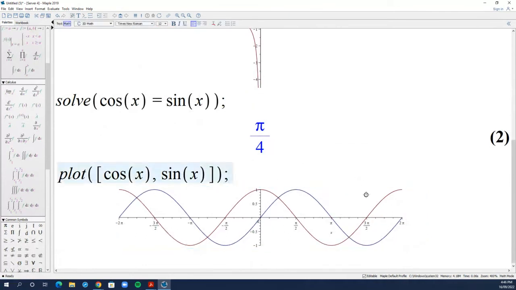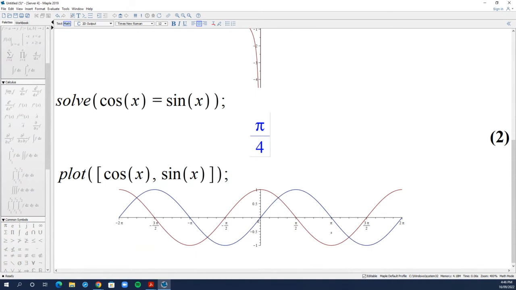All right. So you can see there's a solution whenever the red and the blue curve touch. There's a solution there, there, there, and there. But Maple says, well, pi on 4, yeah, that's a solution. What about all the other solutions?